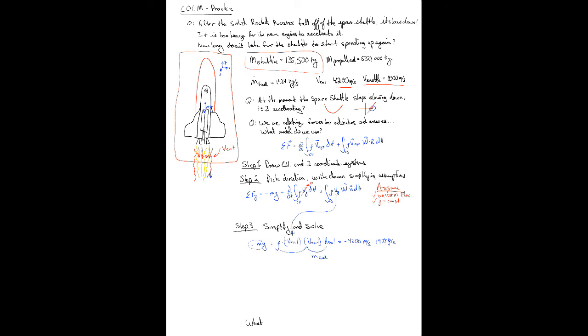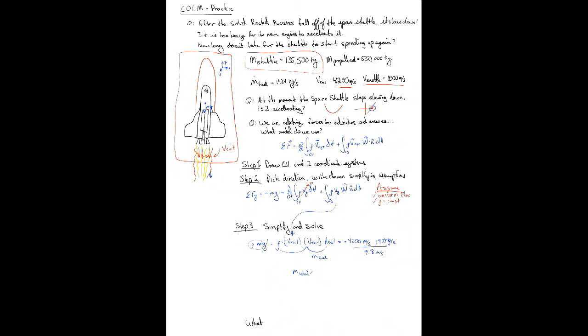So we take the g over to the other side. And our m total, if we cancel out our negatives here, is equal to, I love this, 6.1 times 10 to the 5th kilograms. It's a lot. It's a lot of fuel, right?